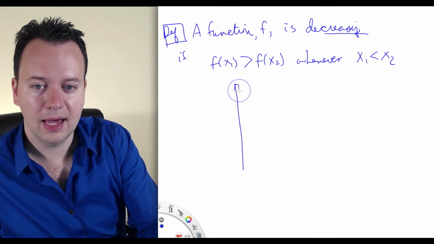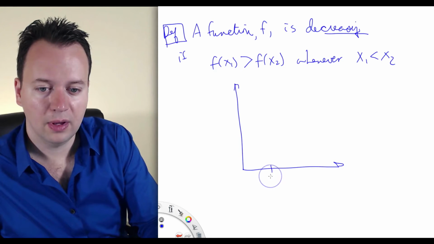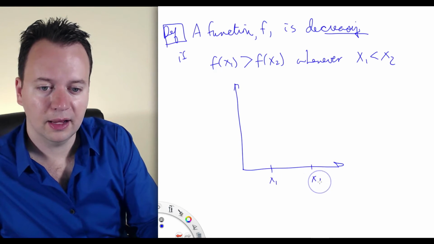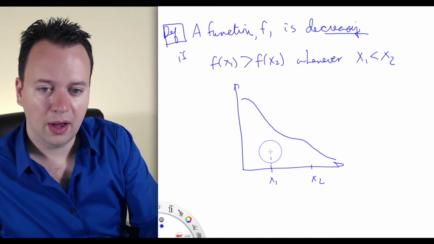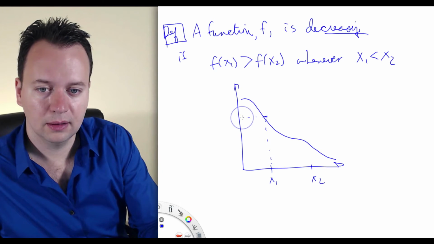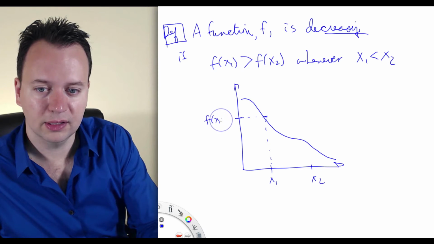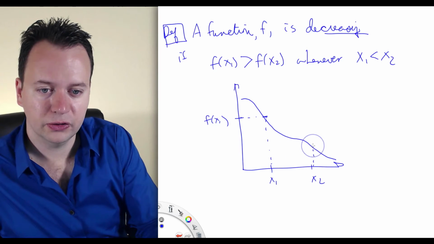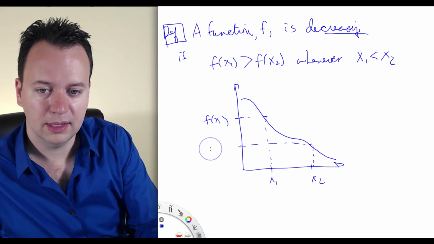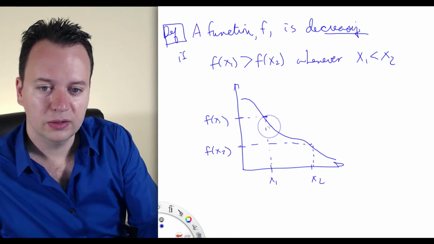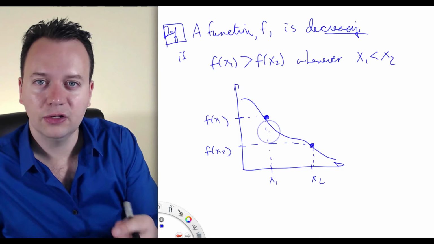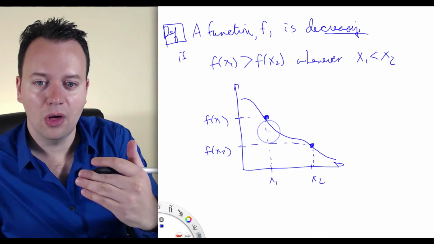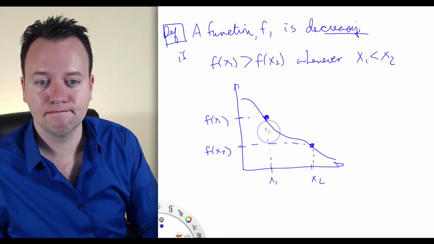In this case, we have x1 and x2, and the function's moving downhill. We see that f of x1 is larger than f of x2. So as you move from left to right, the outputs are decreasing.